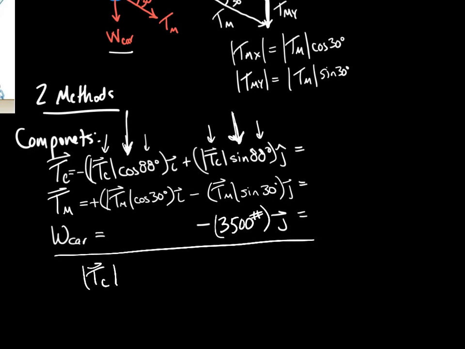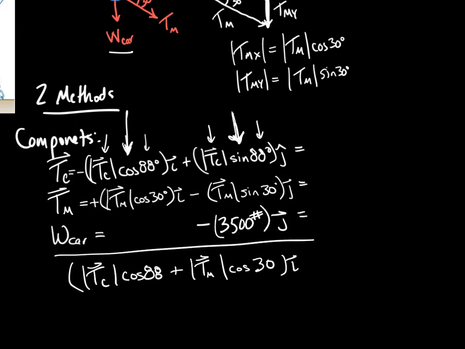I'm going to get the magnitude of TC cosine 88, plus magnitude of TM cosine 30. That's in the i direction.